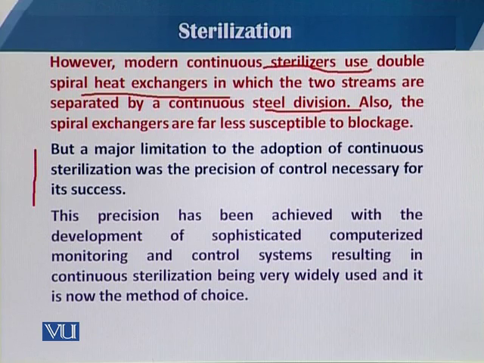But the major limitation to the adoption of continuous sterilization was the precision of control necessary for its success. This precision has been achieved with the development of sophisticated computerized monitoring and control systems, resulting in continuous sterilization being very widely used, and it is now the method of choice in industrial fermentations.